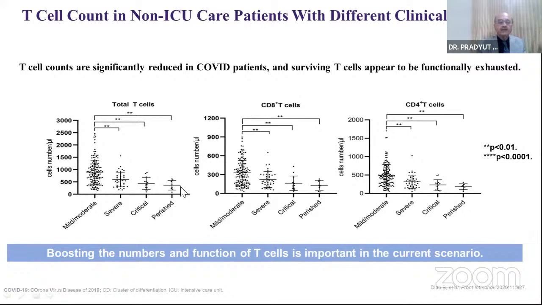We know that COVID can be divided into mild, moderate, severe, and critical. The more severe and critical patients and those patients who expired were found to have a significantly low T cell count, CD4 and CD8. So therefore, boosting the numbers of these T cells and also boosting the function of these T cells is important in the current pandemic.